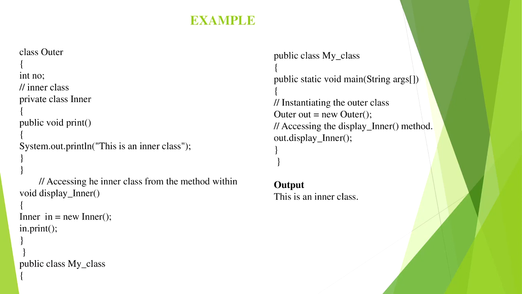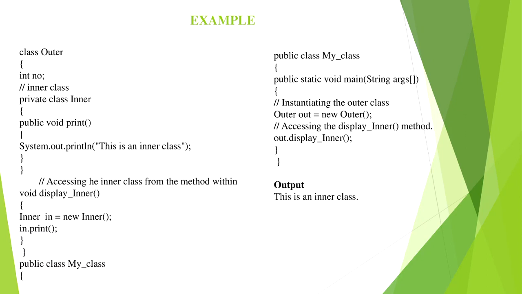After that, I write another class, my class, and declare it as a public class. This public class, my class, consists of the main method, and I instantiate the outer class, meaning I create the object of the outer class, outer out = new outer.